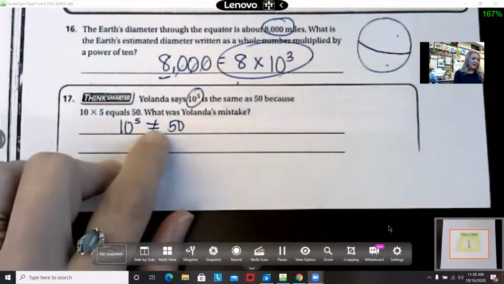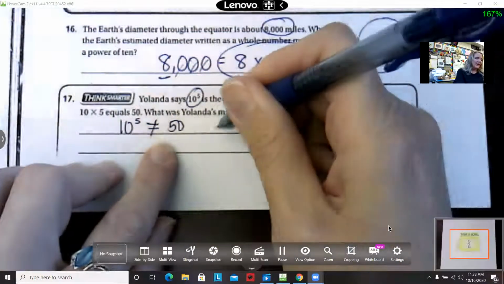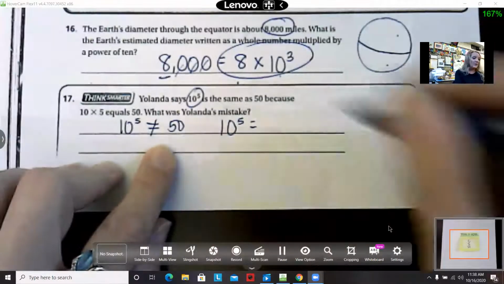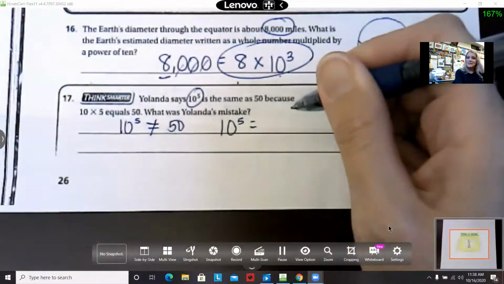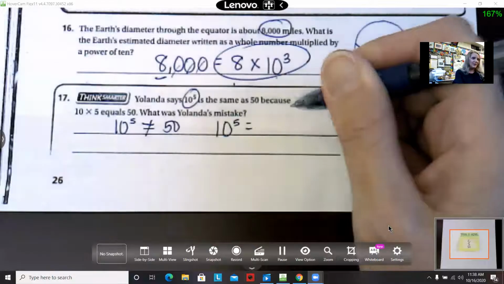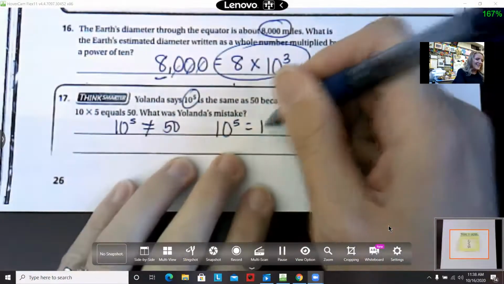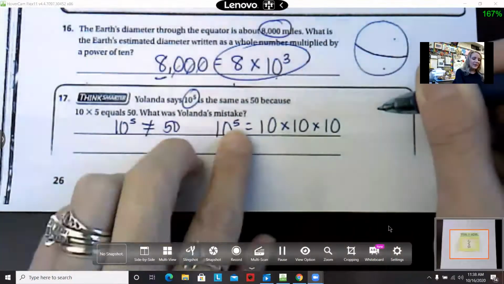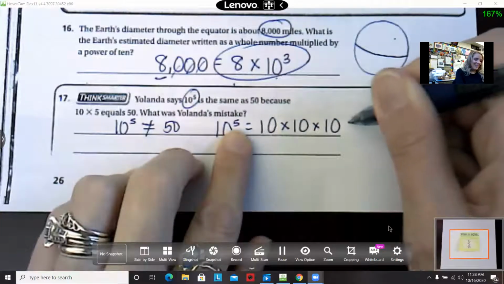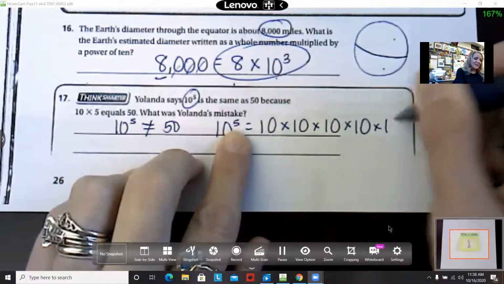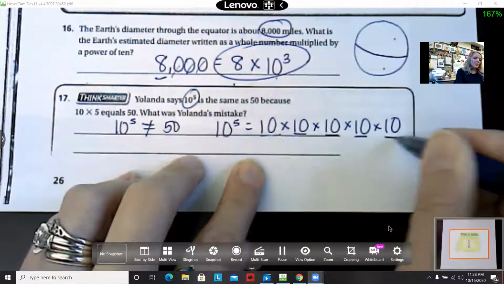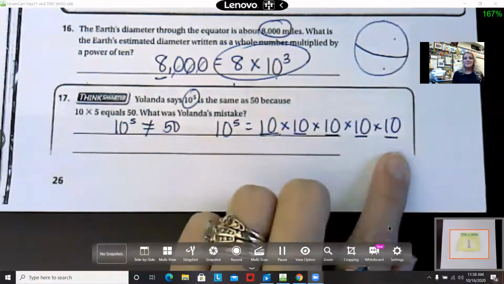That's the does not symbol. Okay, and let's write what it does equal. 10 to the 5th power equals, let's spread it out. 10 times 10 times 10. I keep hitting my Mimeo hover cam, guys. 10 times 10 times 10. How many times, kiddos? 5, good. Times 10 times 10. We take that base number 10 and multiply it times itself 5 times.